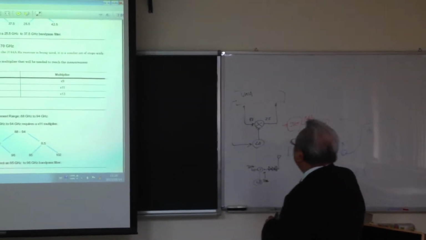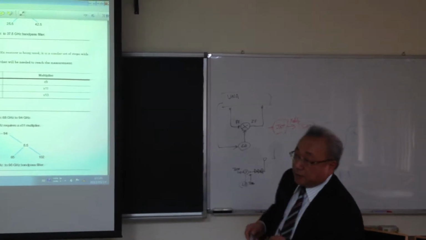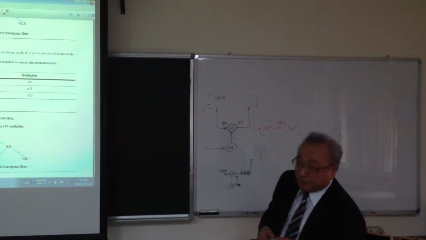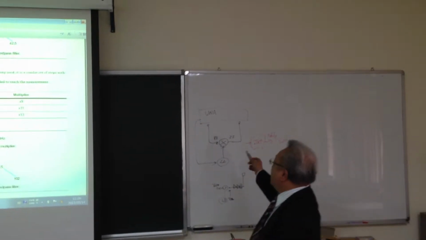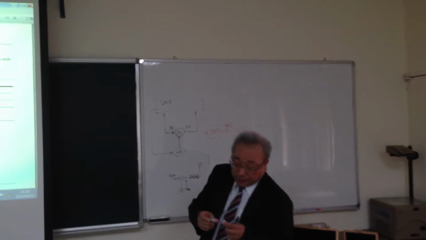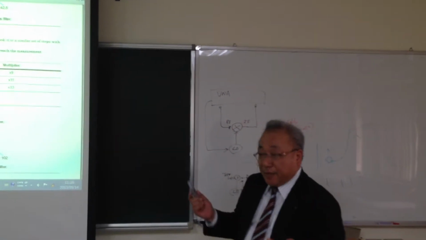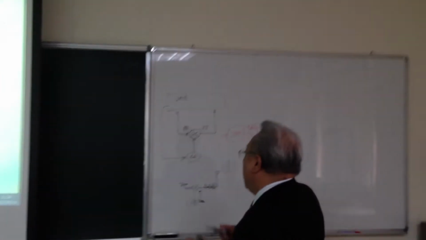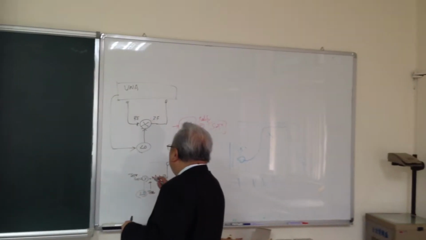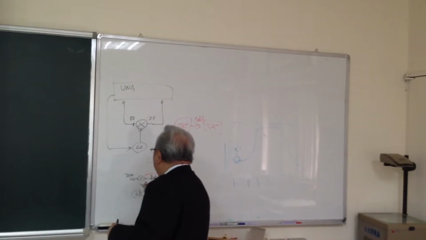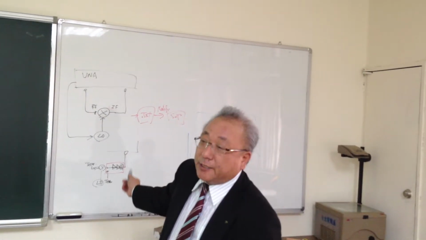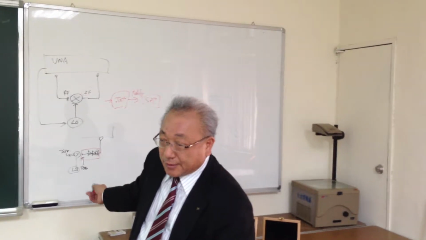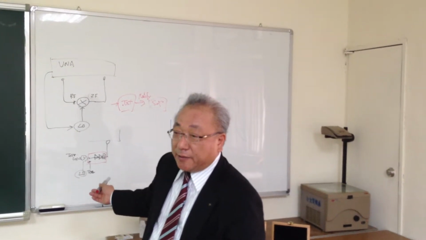And the noise figure measurement is the same as the standard noise figure measurement. The frequency is the IF frequency, so it's very low, sometimes 100 megahertz or something like that. So you have to construct a composite receiver at the IF frequency, so 400 megahertz or 100 megahertz.